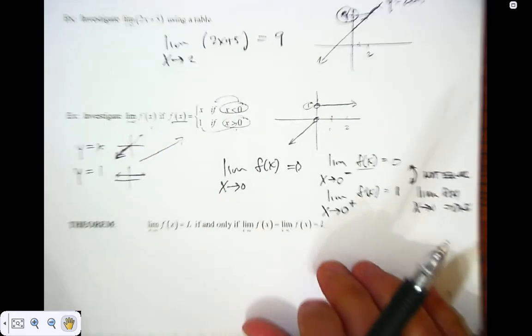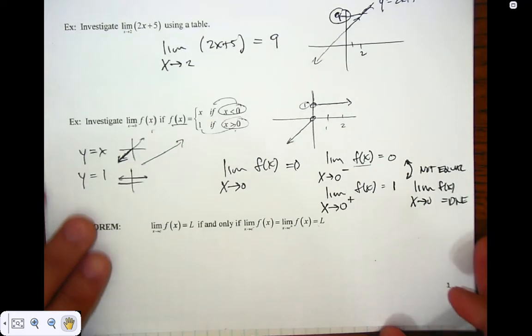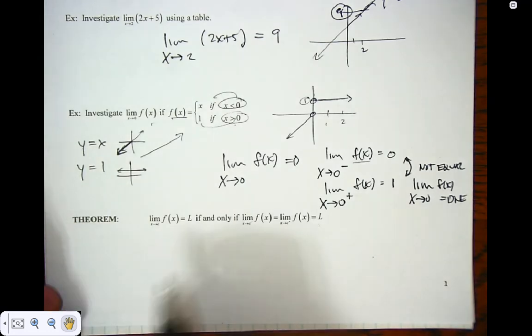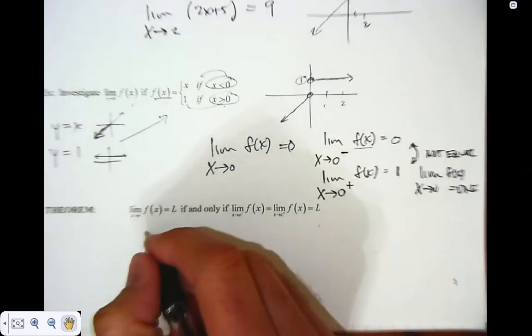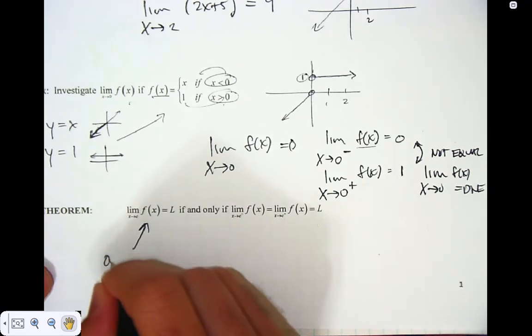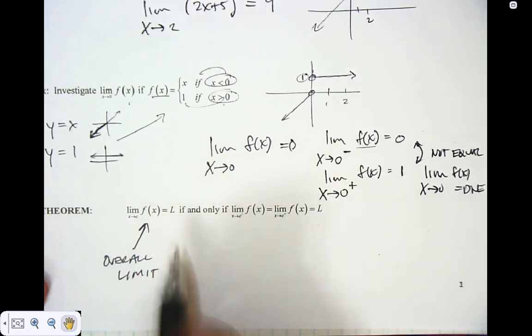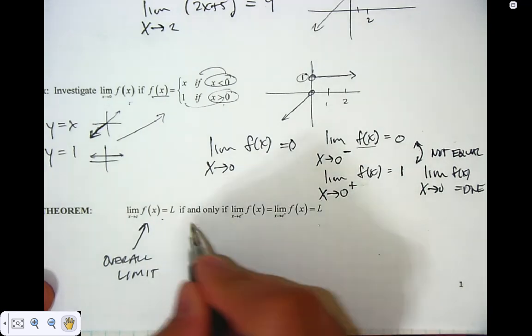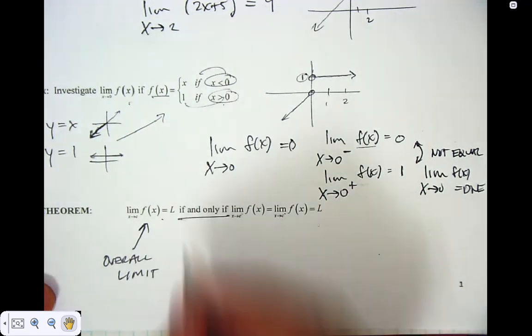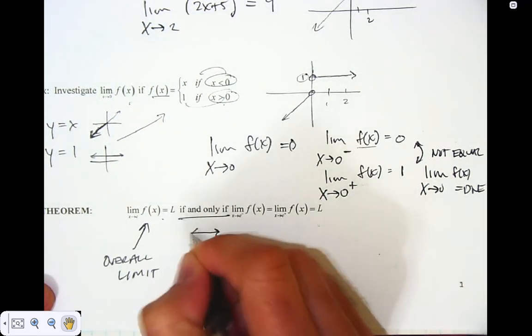And then we just put this together, right? It's this fancy theorem. It says the overall limit exists, and this is an if and only if statement. That's a two-directional logic statement.